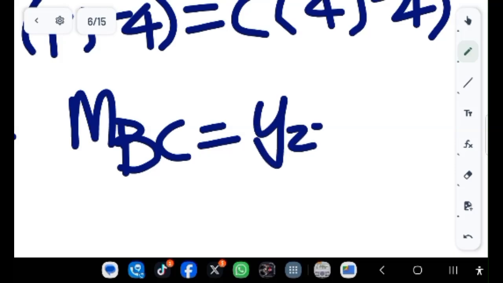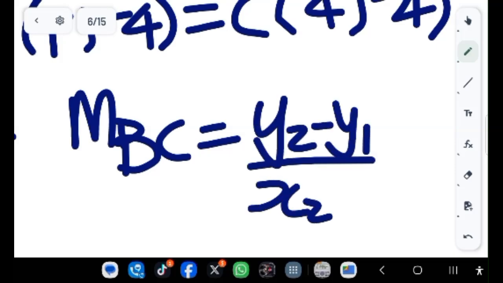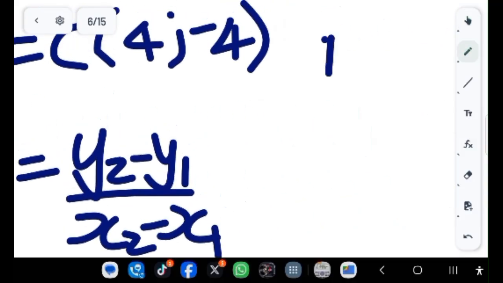That's y2 minus y1 over x2 minus x1. The coordinates of B are -2, -1.